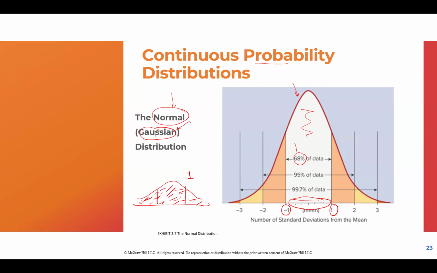And 2 standard deviations away is 95.4%. 3 standard deviations is 99.73%. So that includes 99.7%. So you can say that 3 standard deviations can be acceptable. Anything beyond that is not acceptable.